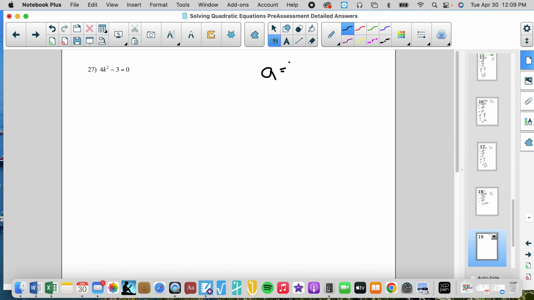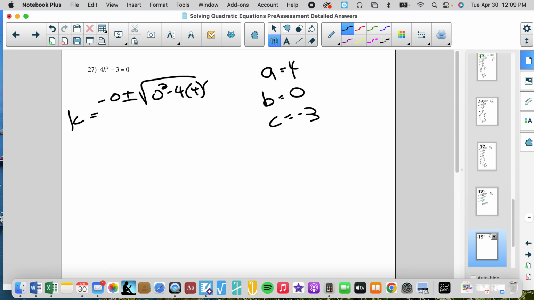A is 4, B is 0, C is negative 3. K equals the opposite of B, plus or minus square root of B squared minus 4 times A times C all over 2A. Negative 0.